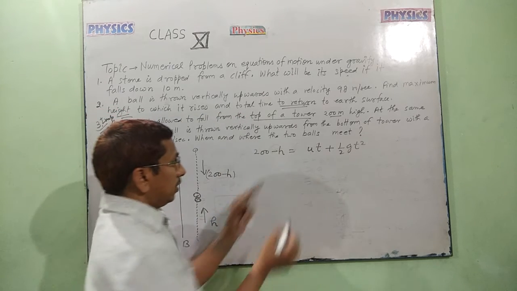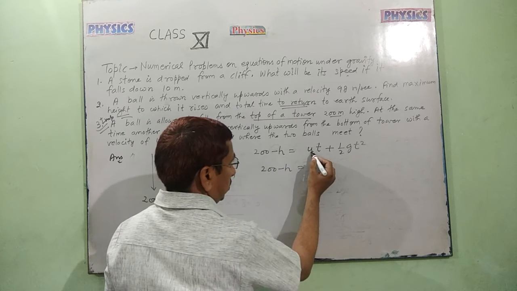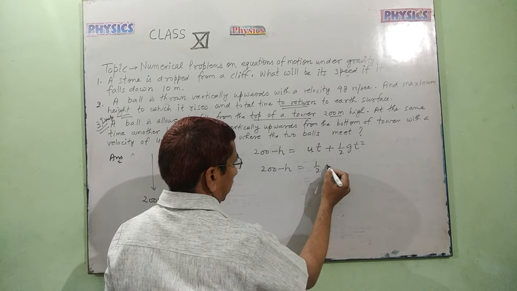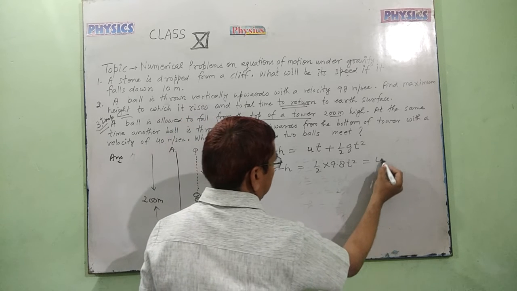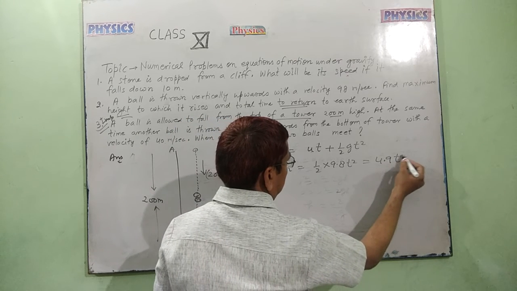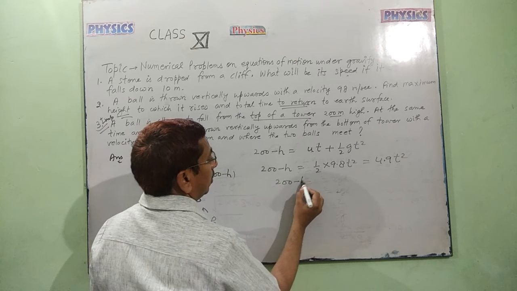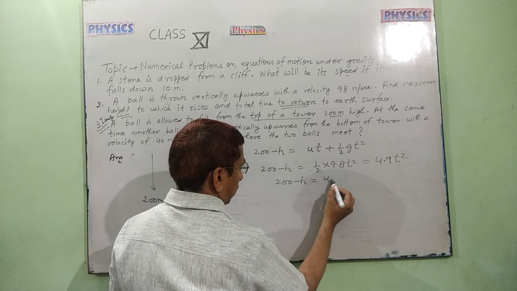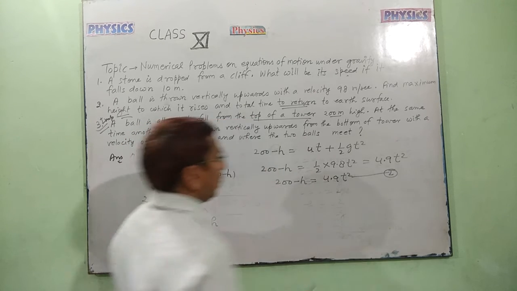Initially u is 0 here, it means 200 minus h is half g, this is 9.8 t square, means 4.9 t square. So this is your first equation, 4.9 t square.